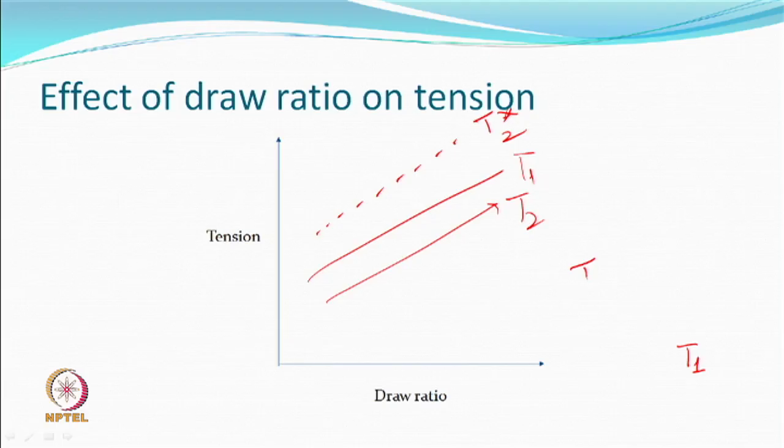So, the effect of draw ratio will result in an increase in both the tensions. The T2 and T2 by T1 ratio would be dependent on d by y, this we know earlier.